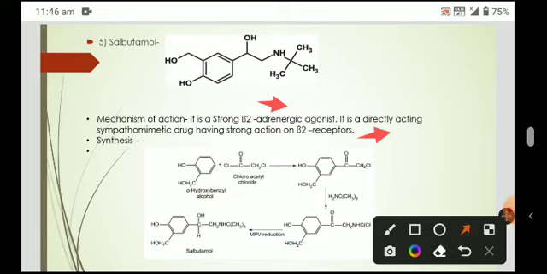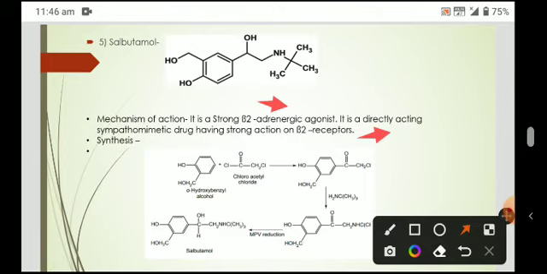Agonist means the agent which supports the action, and antagonist means the agent which depresses the action of the drug or which avoids the action of the drug.